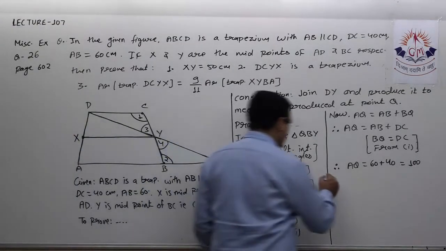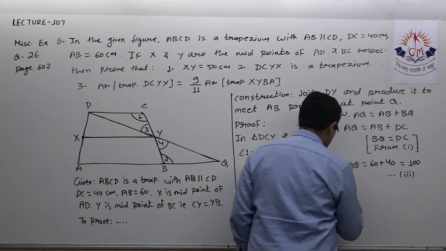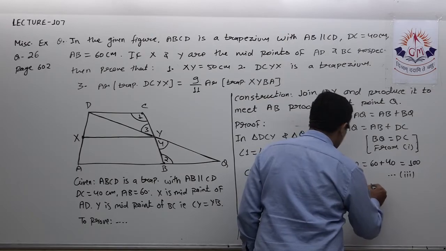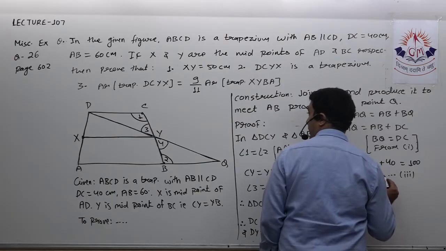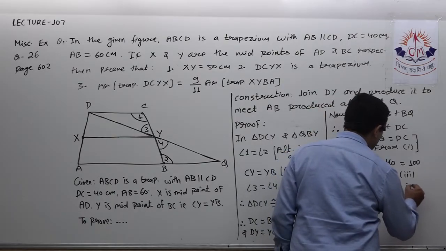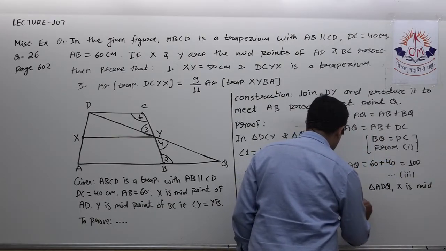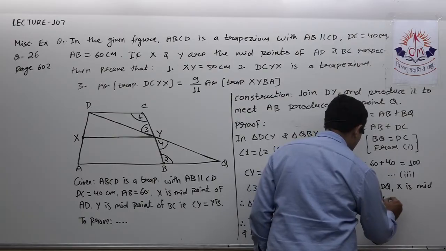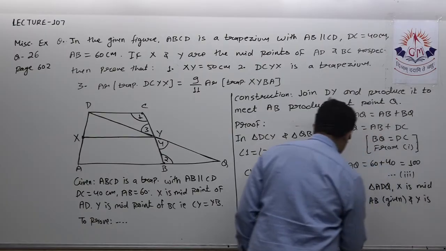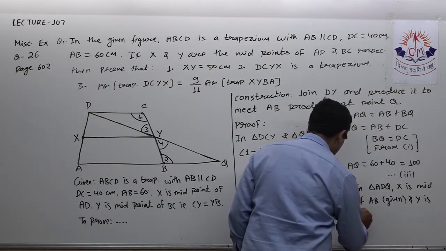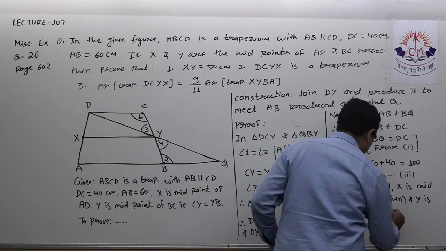So now, let it be equation number 3. Now in triangle ADQ, X is the midpoint of AD, given, and Y is the midpoint of DQ.